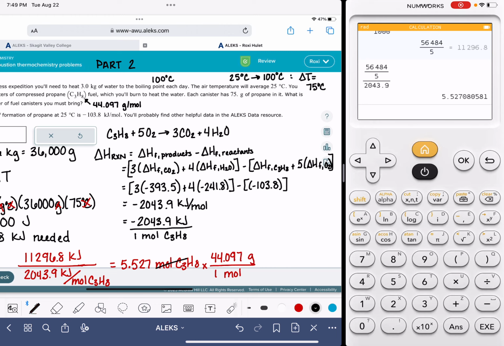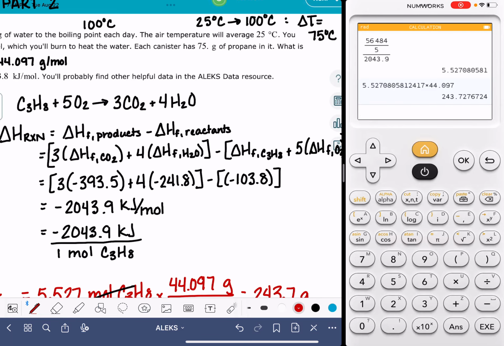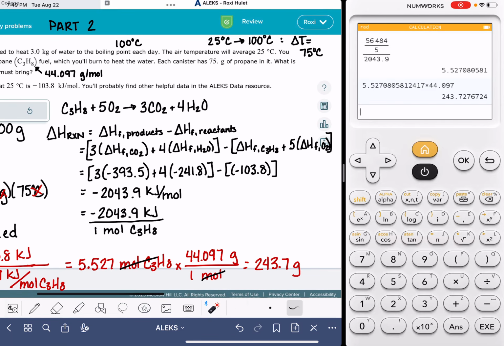So this is going to tell us how many grams we need. 44.097, 243.7 grams.